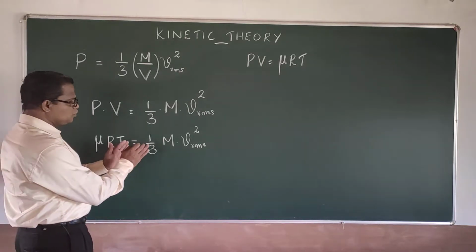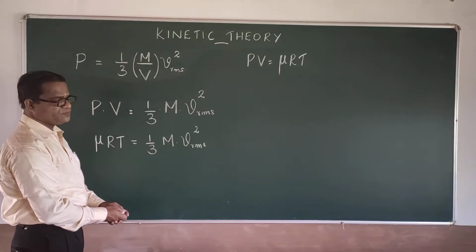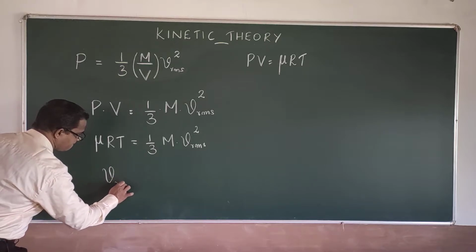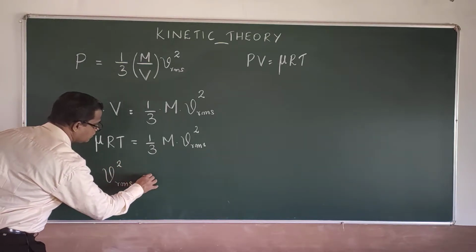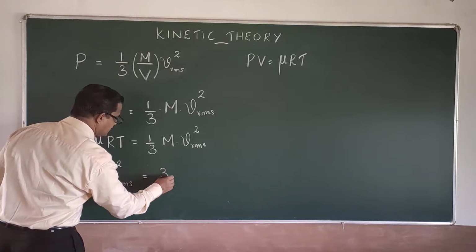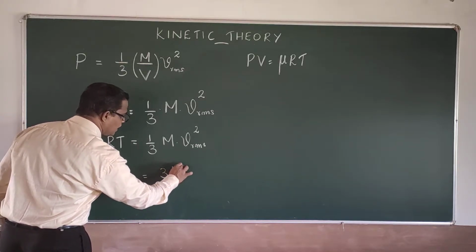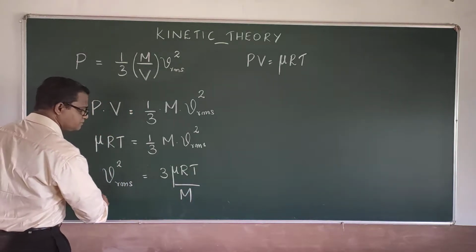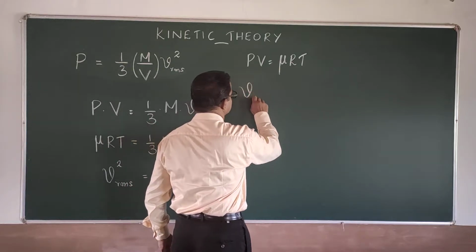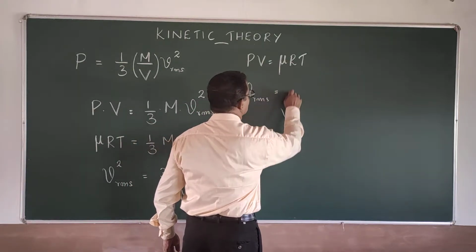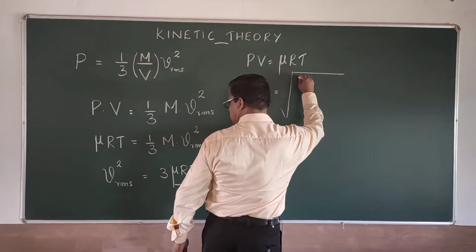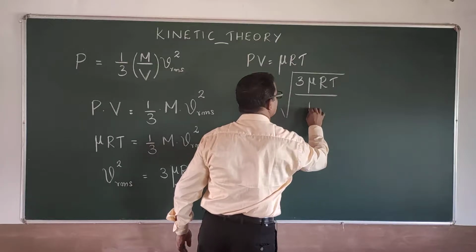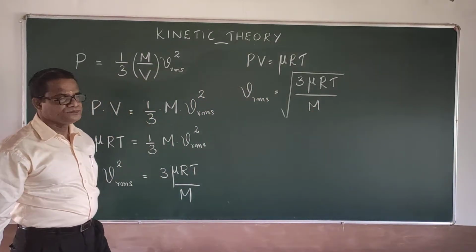So what I am doing here is we want to find the equation for RMS velocity, and therefore Vrms square will be equal to 3 times mu RT divided by mass, and therefore Vrms is equal to the square root of 3 times mu RT divided by the mass of the gas in kilogram.